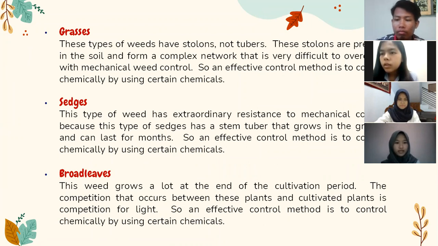Broadleaf. These weeds grow a lot at the end of the cultivation period. The competition that occurs between these plants and cultivated plants is competition for light. So an effective control method is to control chemically by using certain chemicals.